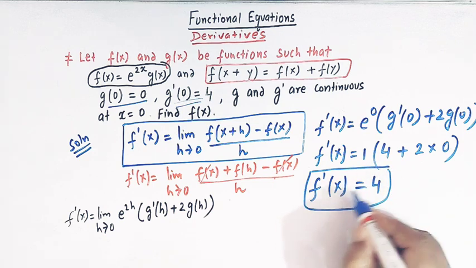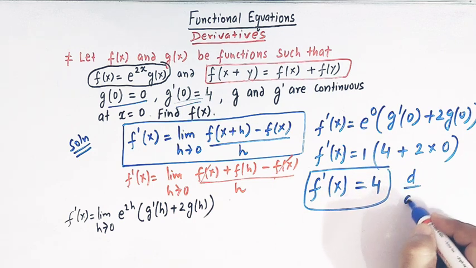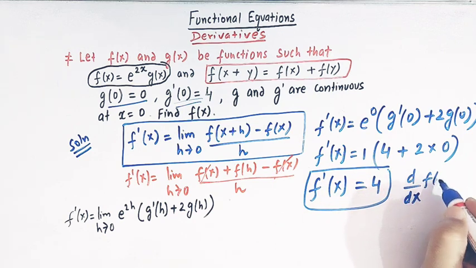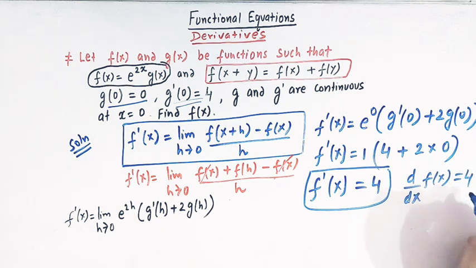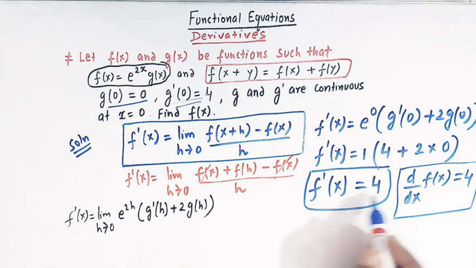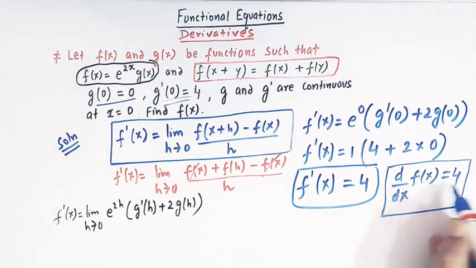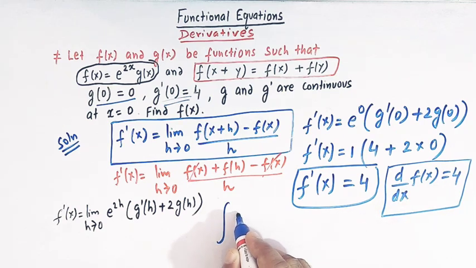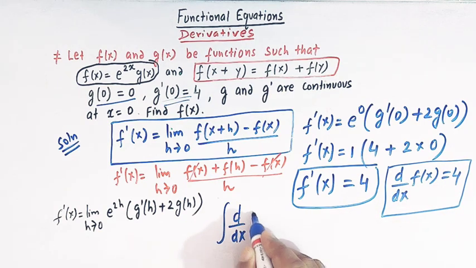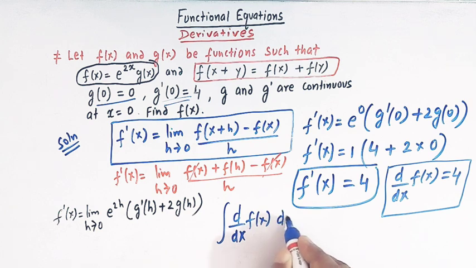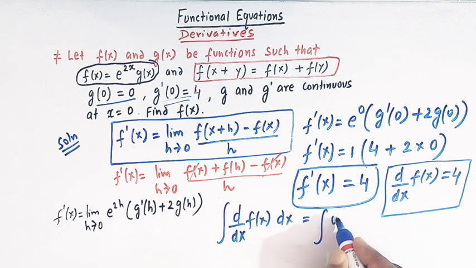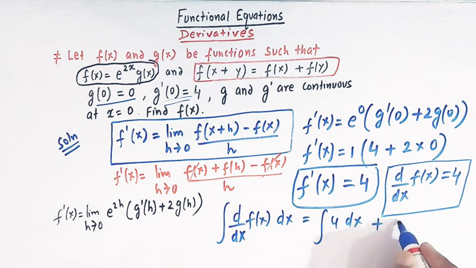So we have obtained d by dx of f of x is equal to 4, right? So now here we have a differential equation. So now integrating both sides, so we have the integral of d by dx of f of x dx equals the integral of 4 dx, and c is the constant of integration, right?